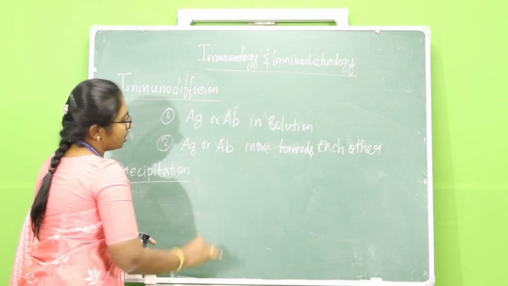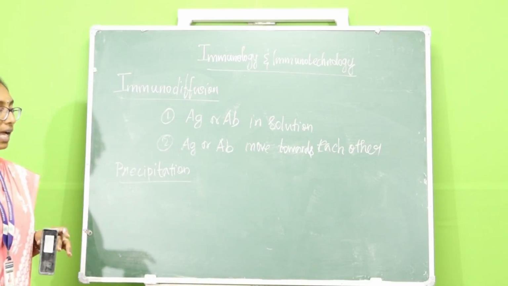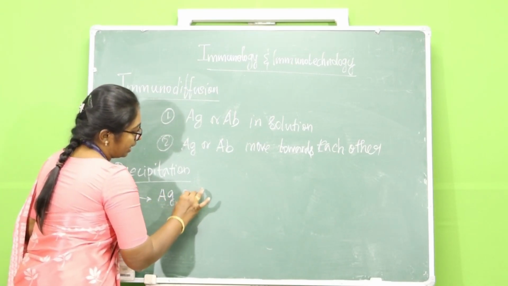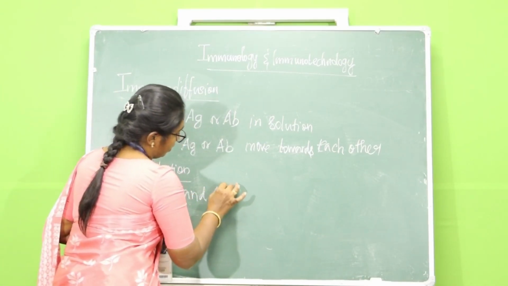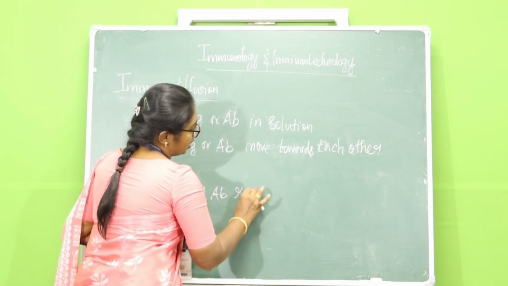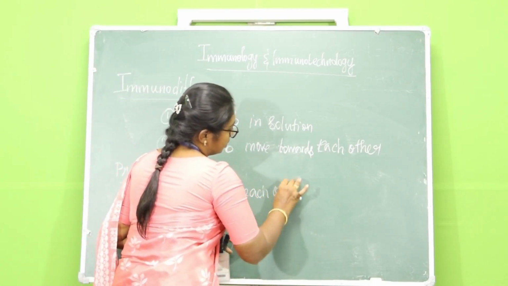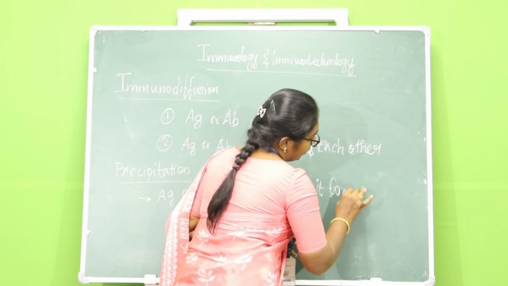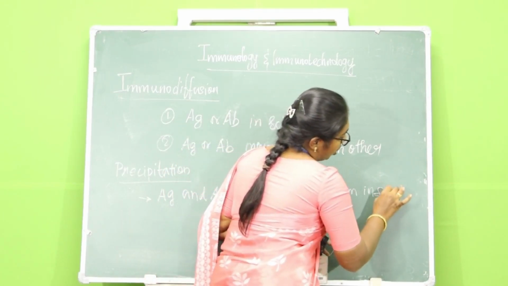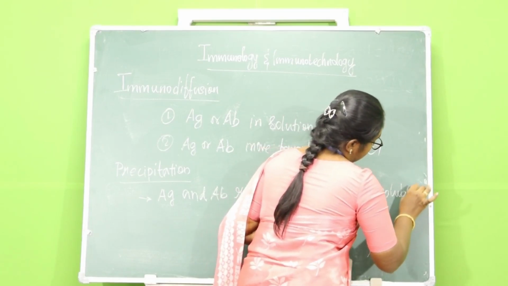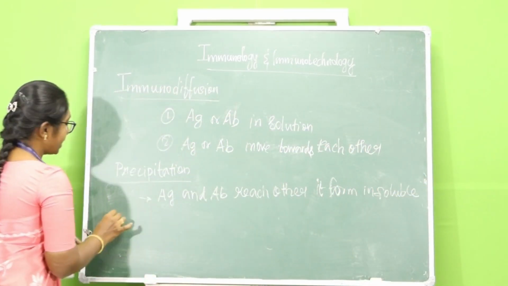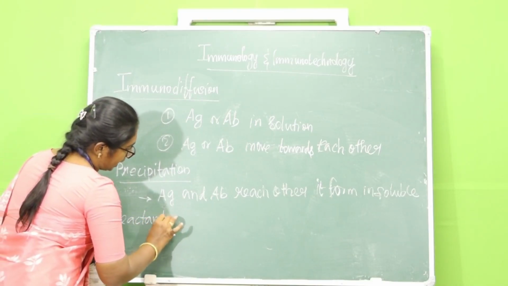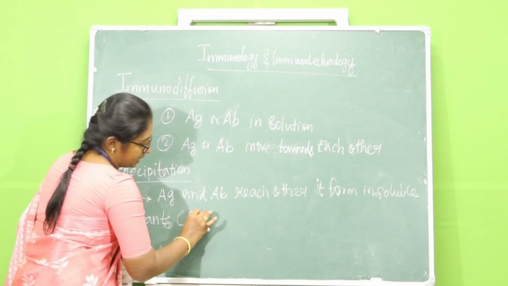Precipitation is nothing but when antigen and antibody react with each other, they form an insoluble reactant. When the two reactants react and form insoluble reactants, that is a precipitate.